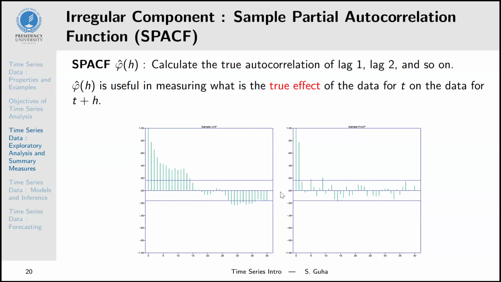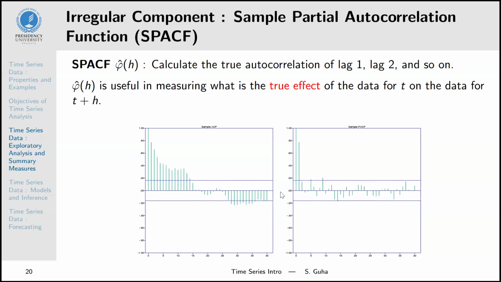So that means for this particular data set that I'm considering, today's data has some correlation with the data even after 13 days. But is it really true? Is it true that today's observation is really truly affecting whatever is happening after 13 days? No, that is not true. That is evident when you calculate the partial autocorrelation function.